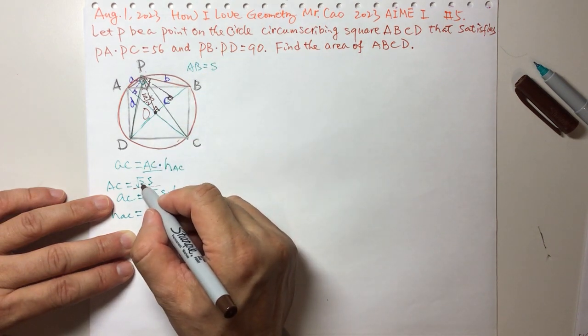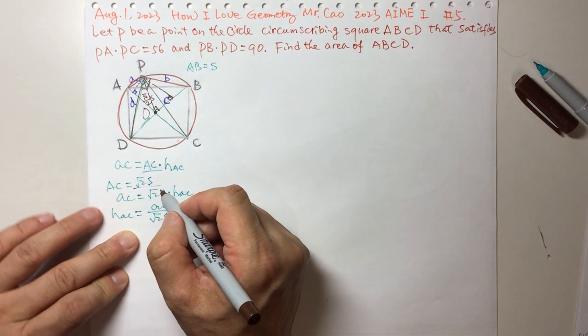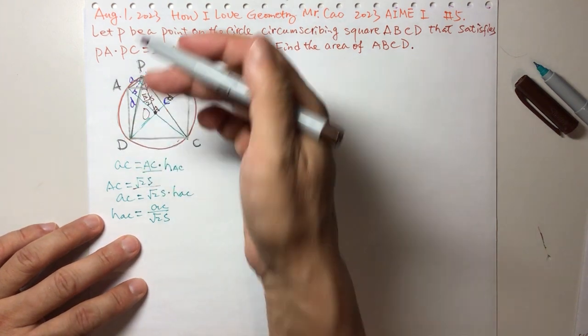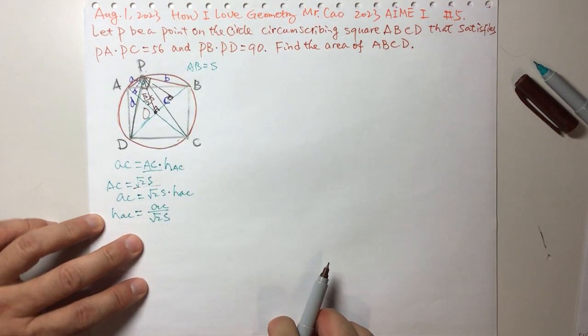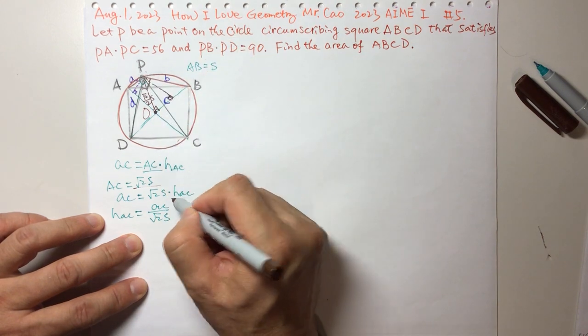So half of square root of 2 S. That's the main idea of why we want to find h_AC.